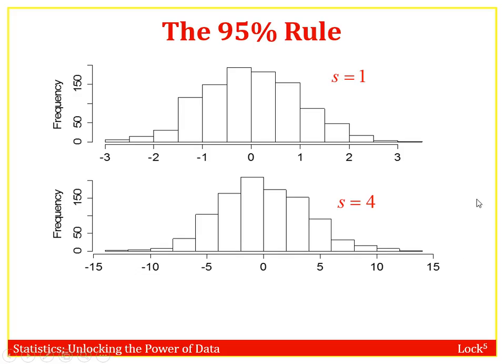So if we're looking at this one here, if our standard deviation is 1, we go 2 standard deviations above. Here's 1 standard deviation, here's a second standard deviation, up to 2. 2 standard deviations below would be to -2. So from -2 to 2 is 95% of our data.